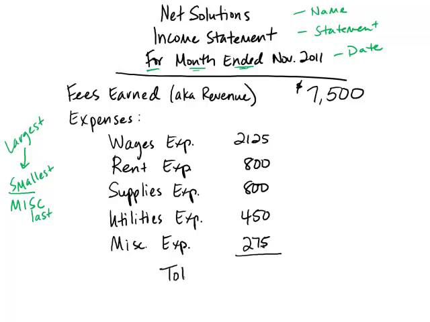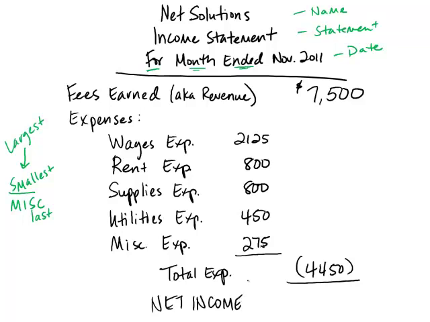So let's get total expenses. Anybody got a total yet? 4450. Okay, what does that make net income? No, 3050. These financial statements, by the way, are on page 17. I forgot that they were in this chapter.